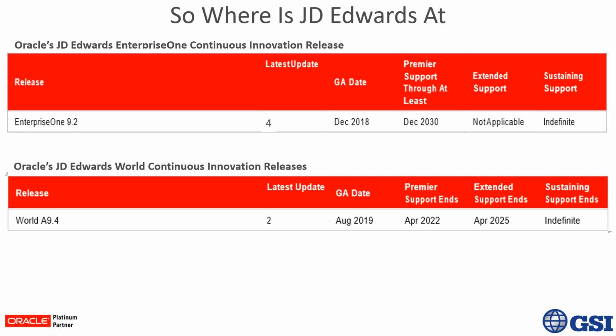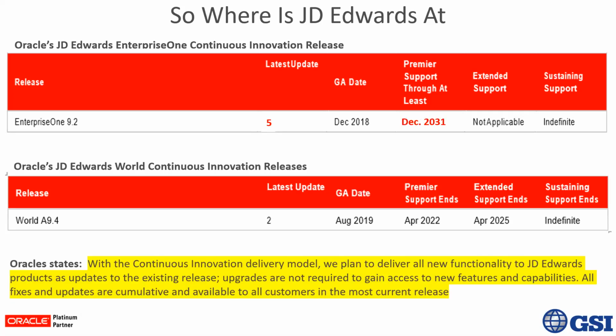And as you can see right now, JD Edwards Enterprise 1, we're currently at update 5 for applications. So even though 9.2 came out on December 18th, 2018, there have been 5 enhancements to that, and it's going to be the product of record until at least December 2031.